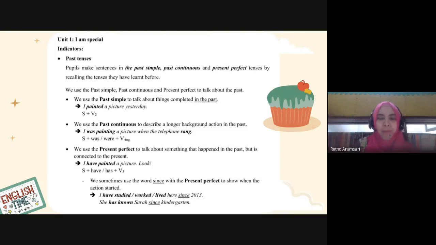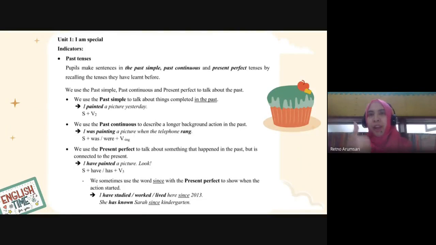The second one, the clues for present perfect are since and for. Since 2013, for 7 years. We're talking about origin and duration. I have studied here since 2013. I have studied here for 7 years. And the last clues for present perfect are ever and never.